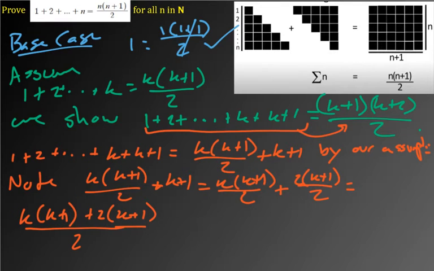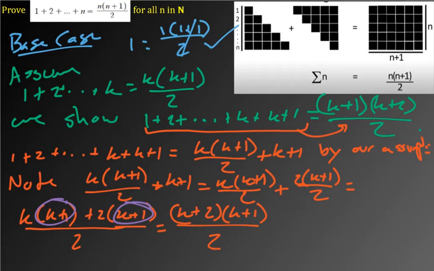And I can factor, I got these common factors, and I can pull that out and get k plus 2 times k plus 1, right? And then that's all over 2.